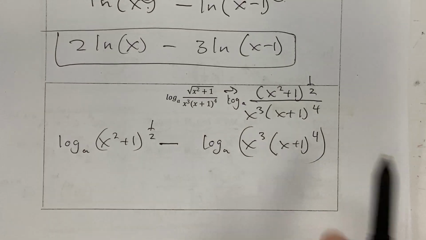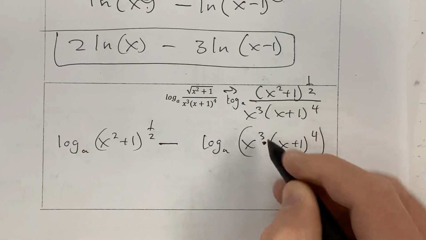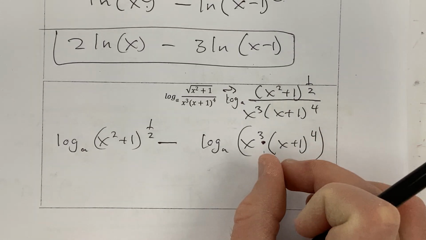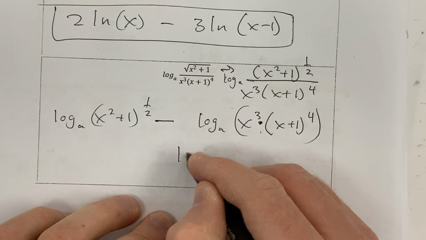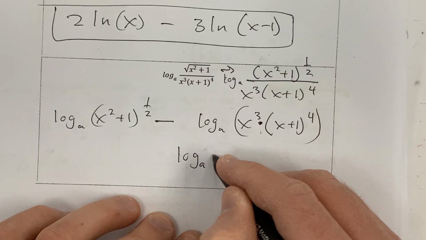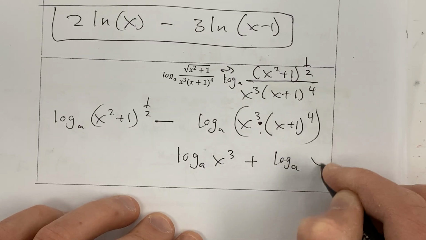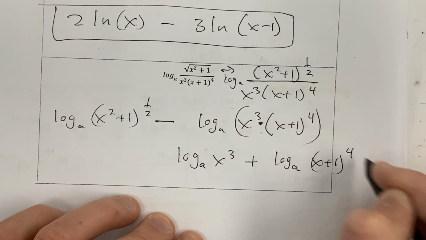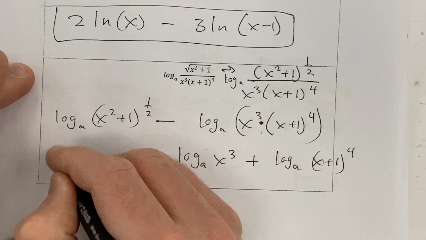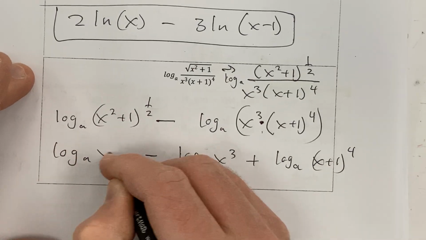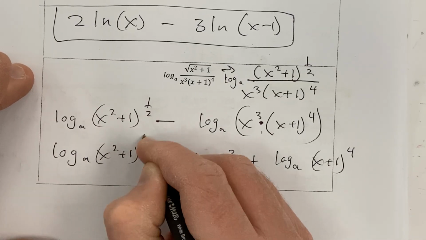Well, you can, but what I would do next is see that there's a product here, so this can split into a sum. This becomes log base a of x cubed plus log base a of x plus 1 to the 4th, still got the minus log base a of x squared plus 1 to the 1/2.